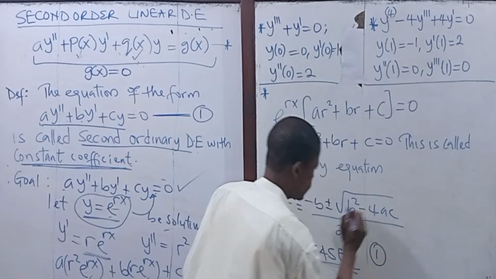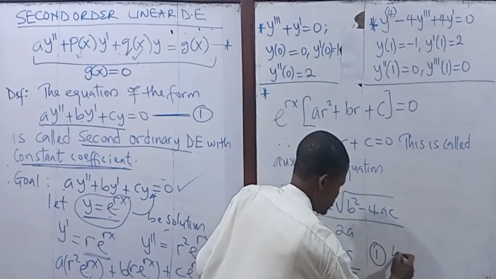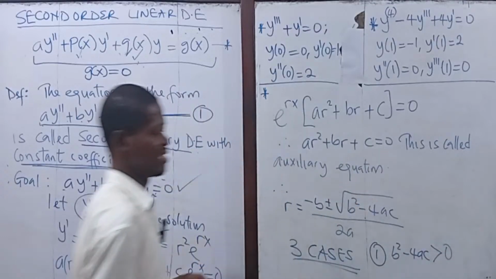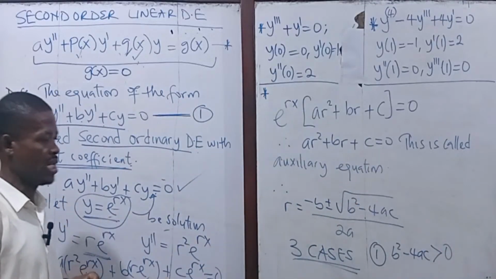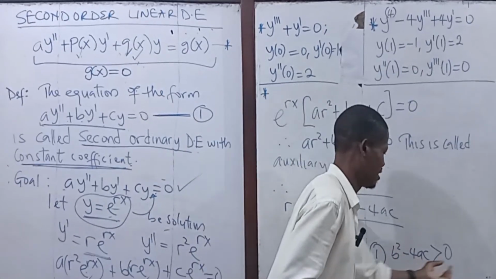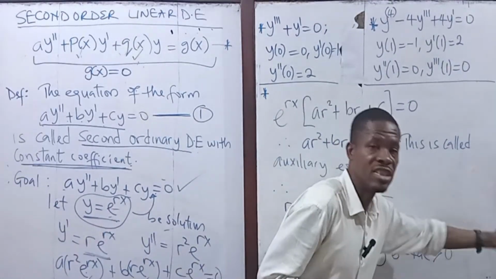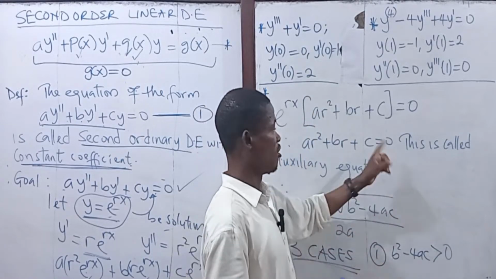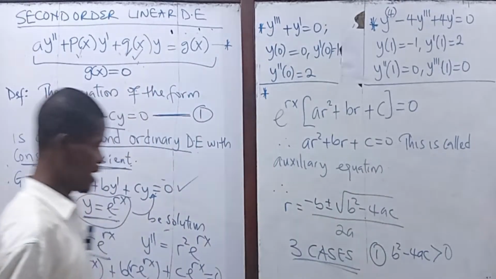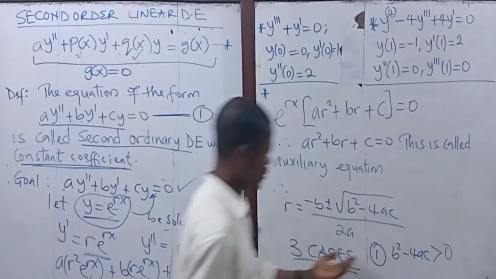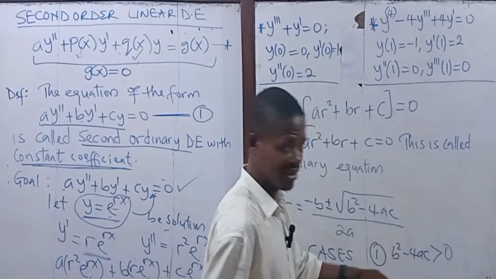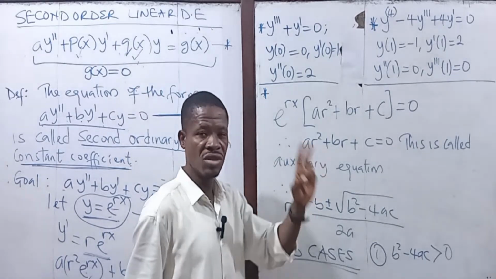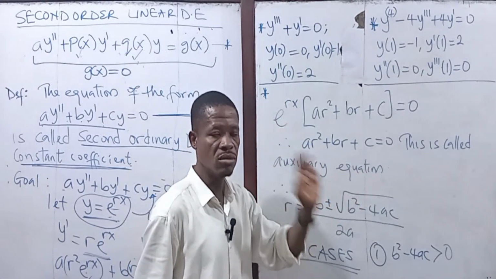Case 1 is when the discriminant b squared minus 4ac is greater than 0. If your discriminant is positive, you have two distinct real roots.